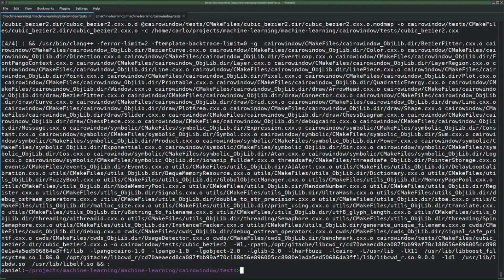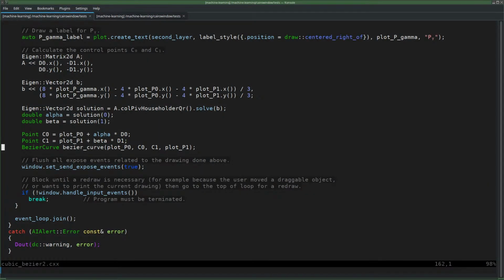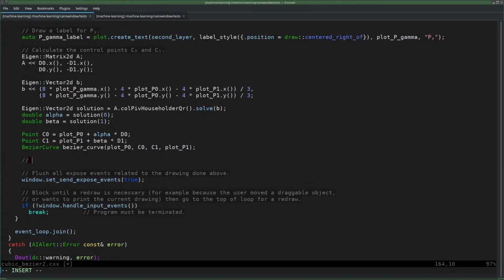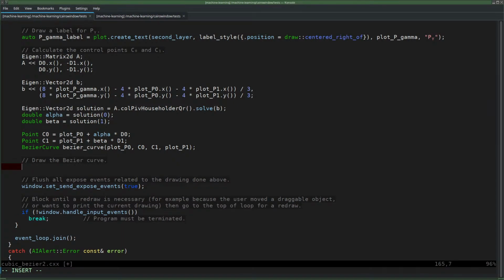Hand wave, it just compiles. Wouldn't draw it. So we have the Bezier curve. Now we want to draw the Bezier curve. And of course I have no idea how.